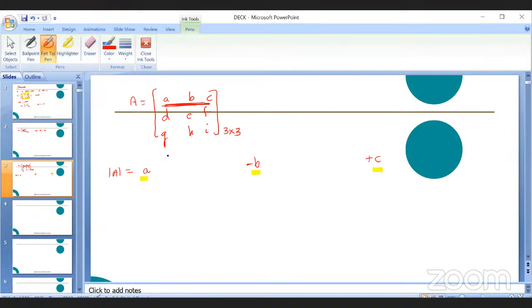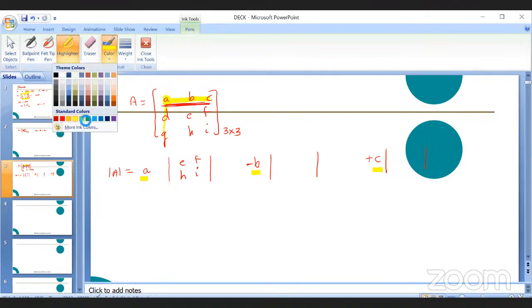Now I have to multiply these with determinants. For A, I have to cut the A row and the A column. What is left? E, F, H, I. That makes a determinant.